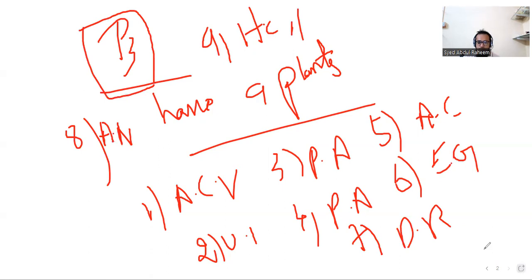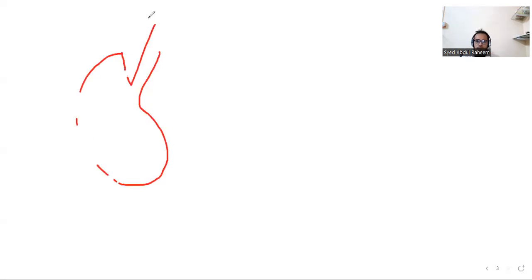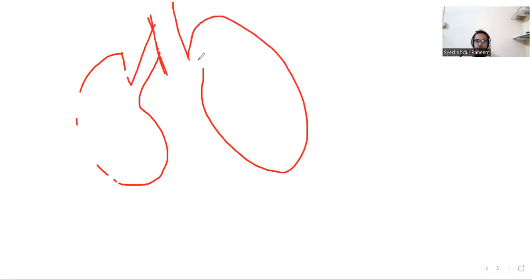So these are the plants present in P3. So where does P3 work? It works on the outer layer, the outer surface of the respiratory system. What are the outer surfaces?